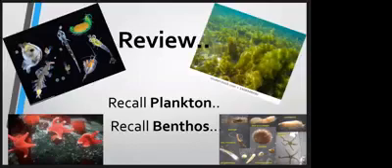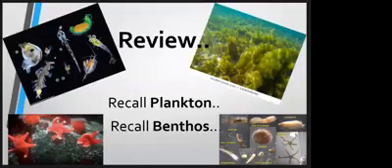Familiar examples of benthic organisms include macroalgae, sea grasses, corals, barnacles, mussels, sea urchins, and sea stars. And benthos may be autotrophic, such as the sea grasses and algae, and can also be heterotrophic, which preys on other organisms. So this is one of the backgrounds of the benthos.